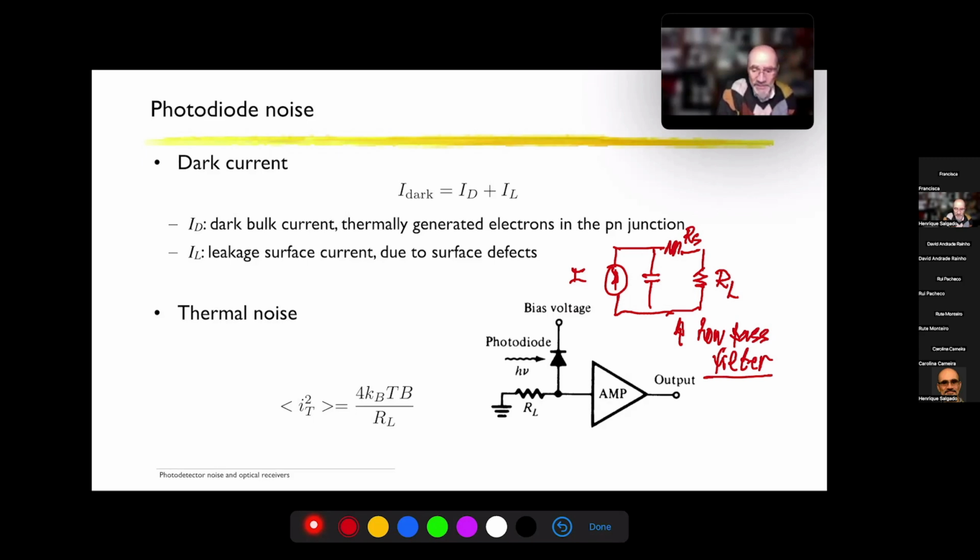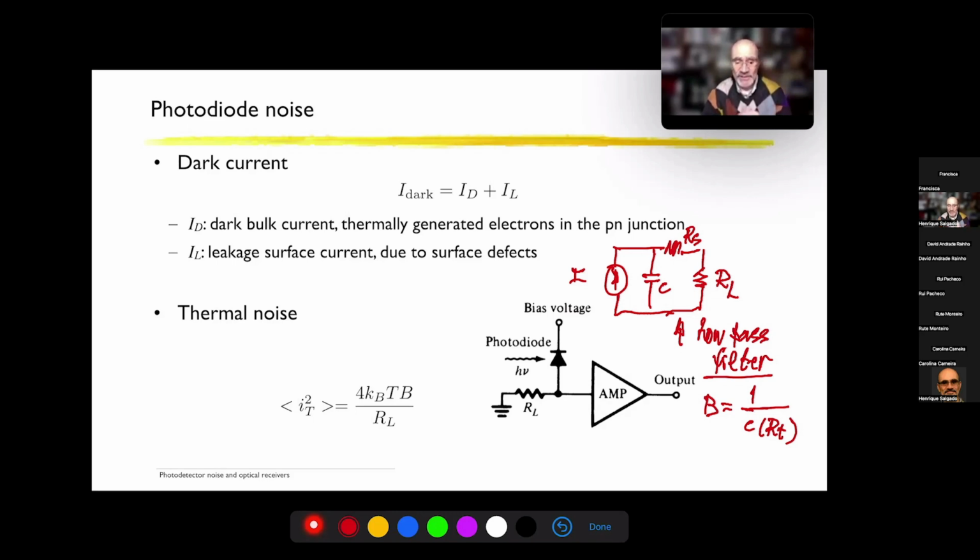The bandwidth is decreased, and the bandwidth of this filter is 1 over C times the total resistance. So if the bias resistance is increased, the bandwidth decreases proportionally, which is an inconvenience.